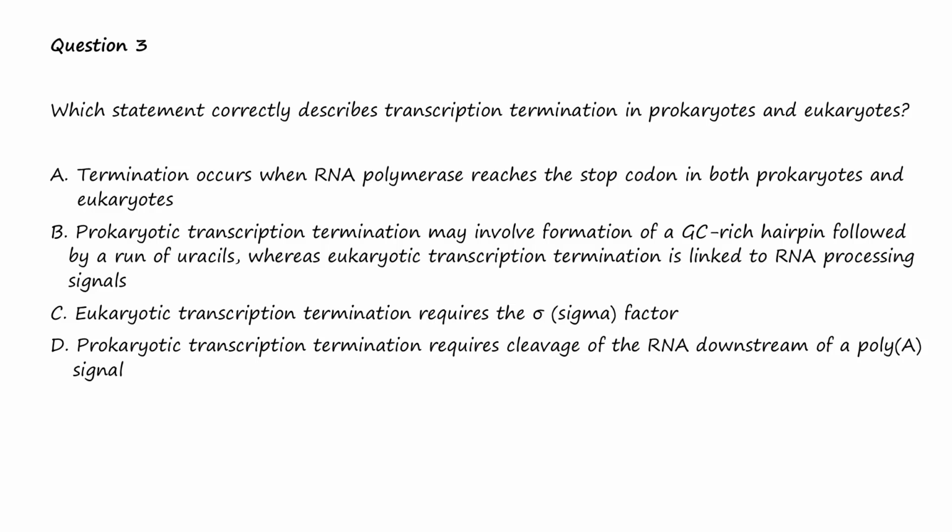B. Prokaryotic transcription termination may involve formation of a GC-rich hairpin followed by a run of uracils, whereas eukaryotic transcription termination is linked to RNA processing signals. C. Eukaryotic transcription termination requires the sigma factor. D. Prokaryotic transcription termination requires cleavage of the RNA downstream of a poly A signal.